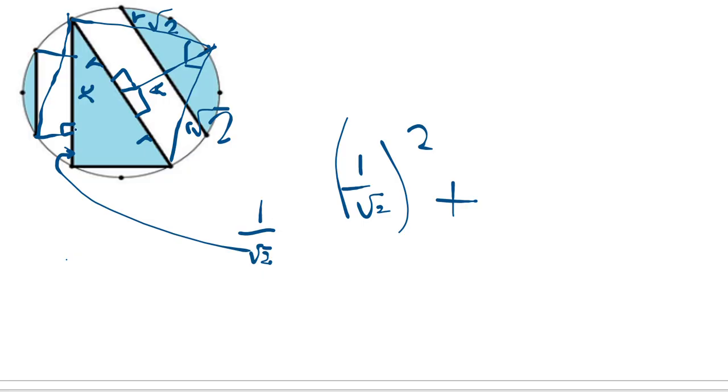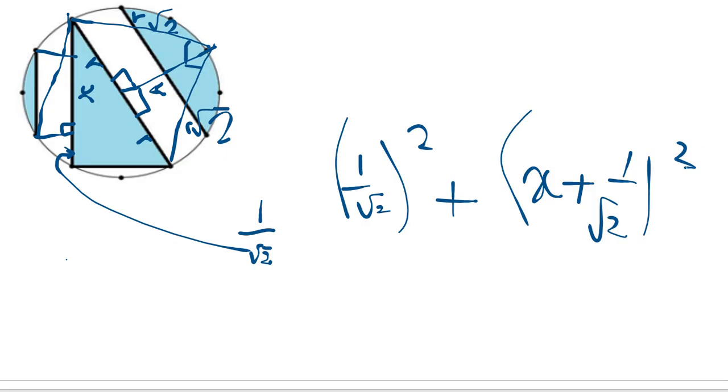This length right here, this to this, I'm going to name that x. So it'll be (1 divided by the square root of 2) whole squared plus (x plus 1 over root 2) whole squared is equal to r root 2.